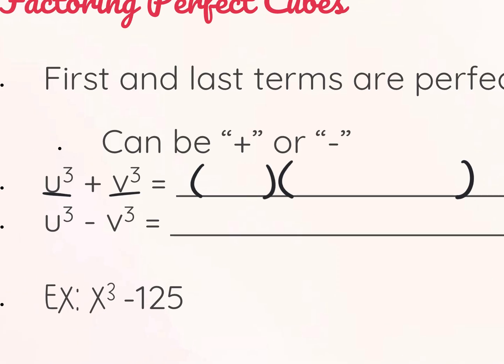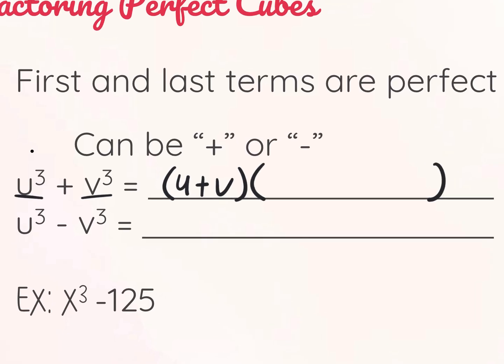In the first set of parentheses, it's going to be the cube root of the first plus the cube root of the second. In the bigger set of parentheses, it's going to be the square of the first minus the product of the two in the middle plus the last one squared.